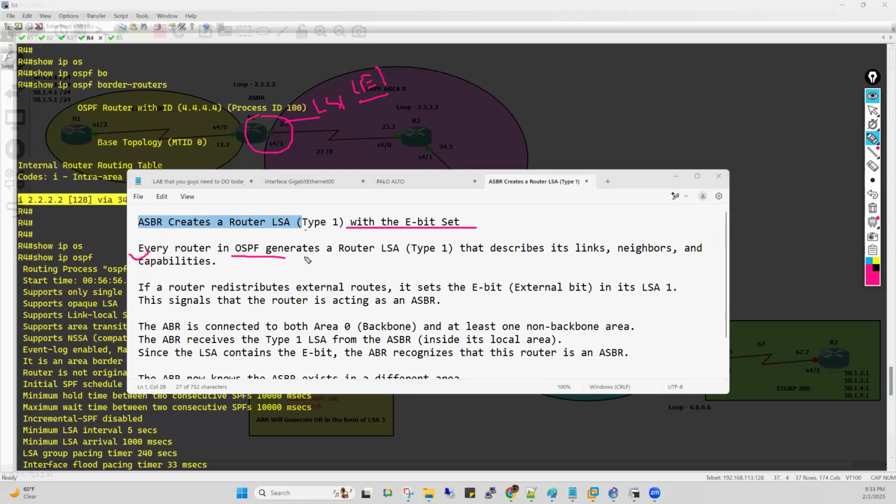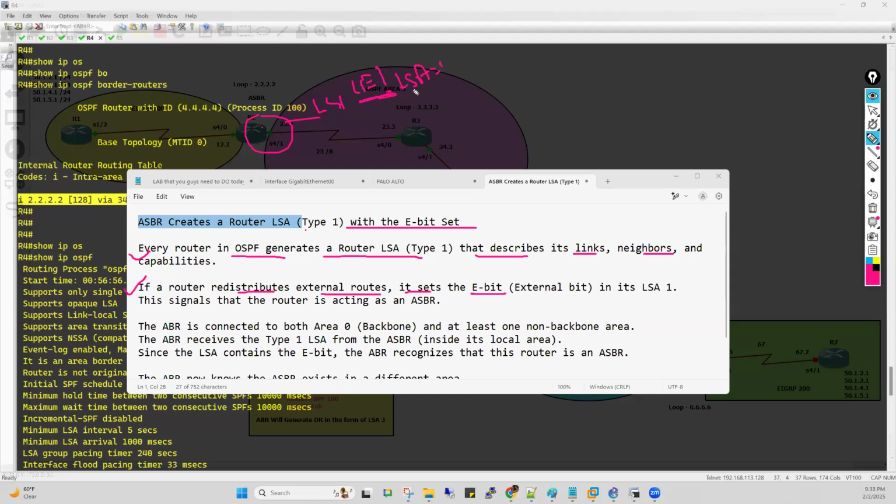Every router in OSPF generates a router LSA to describe its links. Every router in the same area will generate the LSA number 1 to introduce itself. Next point: if a router redistributes external routes, it sets the E bit. Yes, the ASBR router is redistributing the external routes, so it enables the E bit in its router LSA, in LSA number 1.